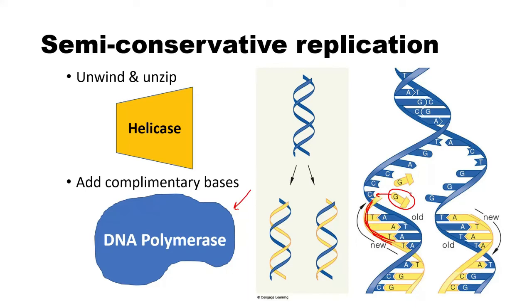And so now that G right here is going to be added along with the next G, and we'll form a covalent bond with the previous one. Then we'll add another G and a T and a C. You get the idea. That complementary base pairing is pretty simple, and DNA polymerase has a really important job of making sure exactly the right nucleotides get added that are complementary to the old strand.